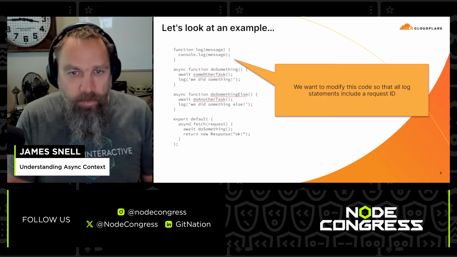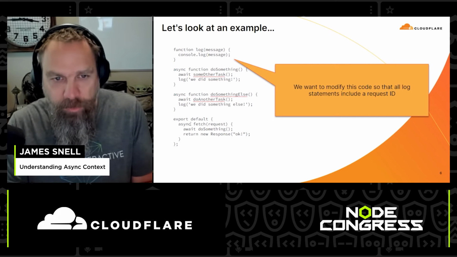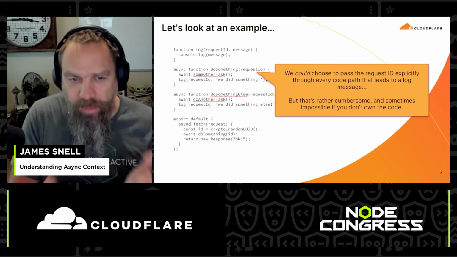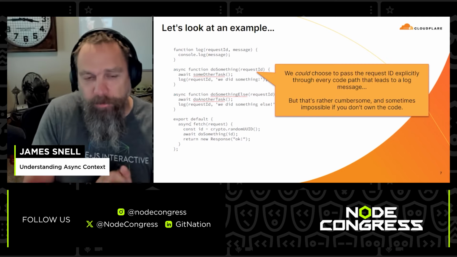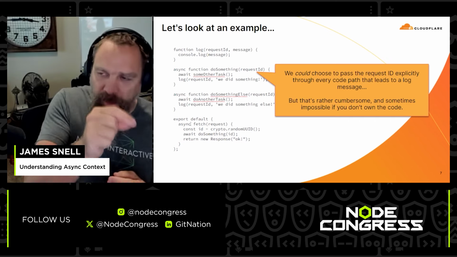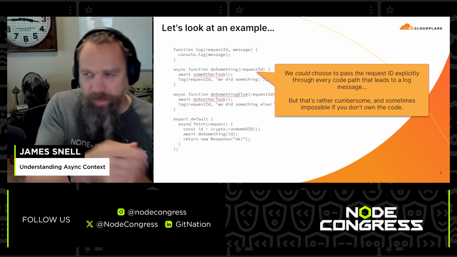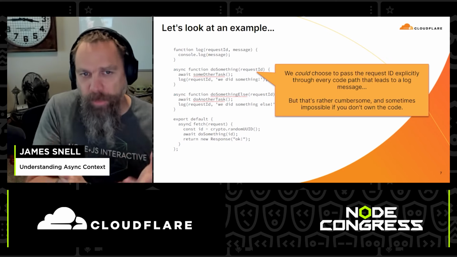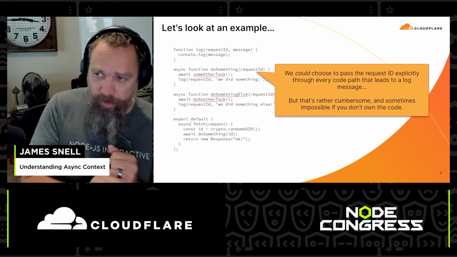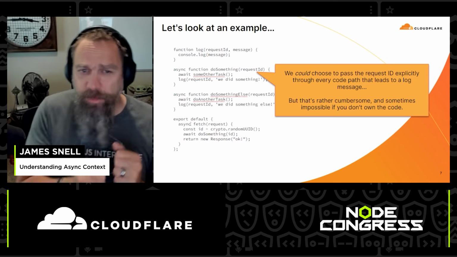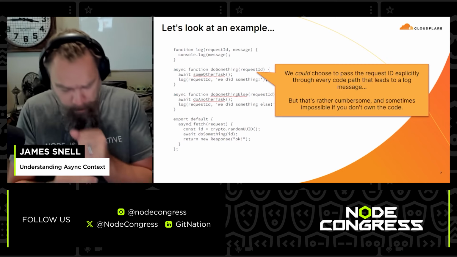Now, the traditional way of doing it before async local storage is that we'd come up with the request ID. So here we're using const id equals crypto.randomUUID. And we actually have to plumb that ID through all the different functions that need it, or that end up in a log statement. So here we have to modify doSomething and doSomethingElse to take that request ID and forward it on to log, even though doSomething and doSomethingElse don't do anything else with the request ID itself.